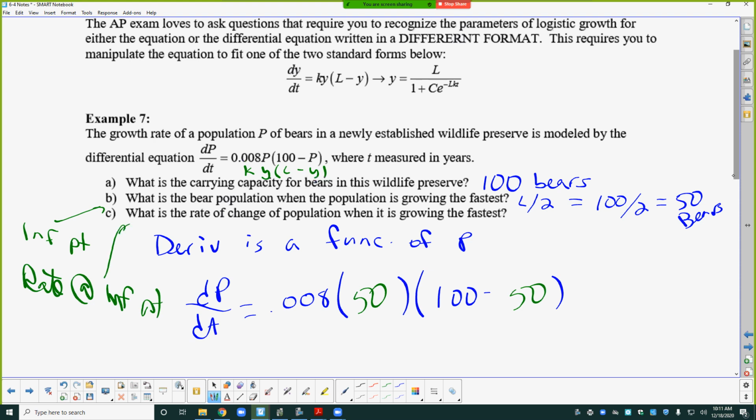And what do you get, 20? 20 what? Good, units are important. So bears per year.